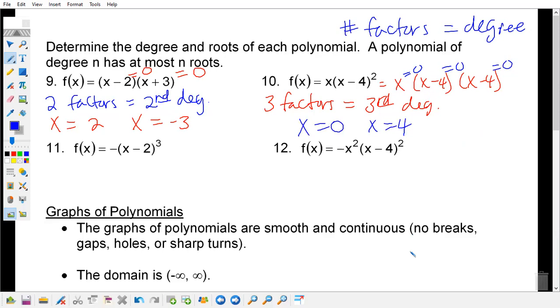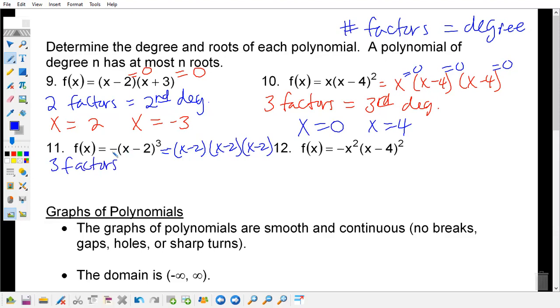How do we feel? Still doable? All right. So this one is not expanded. So this really means that I have negative x minus 2 times x minus 2 times x minus 2. How many factors do I have? 3. 3 factors.